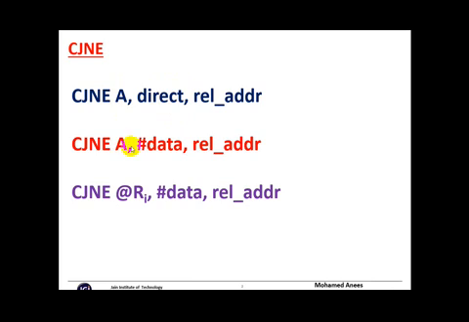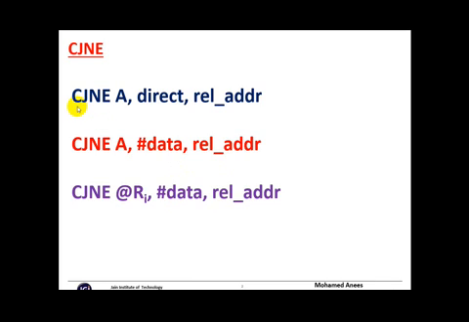In the second, one operand is in the accumulator and the other is immediate data specified along with the instruction. In the third form, one operand is in memory pointed to by R0 or R1, and the other is the immediate data.